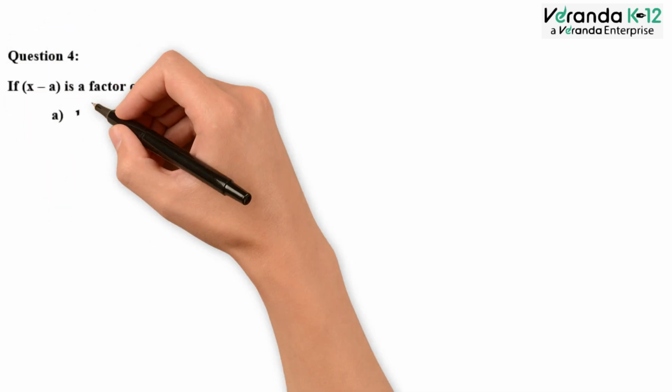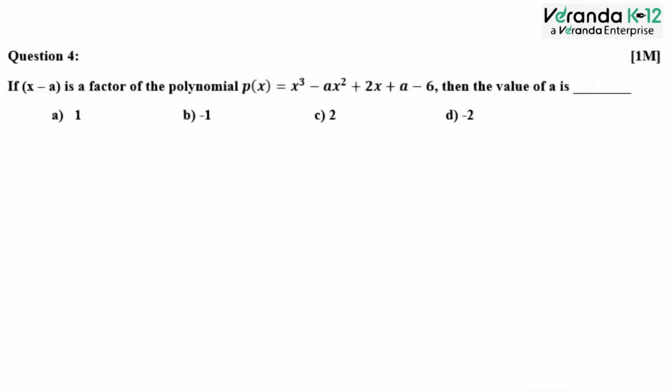Let's move on to the next 1 mark from the chapter polynomial. Question number 4. If x minus a is a factor of the polynomial p of x is equal to x cube minus ax squared plus 2x plus a minus 6, then the value of a is dash.